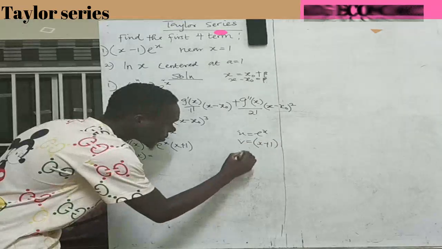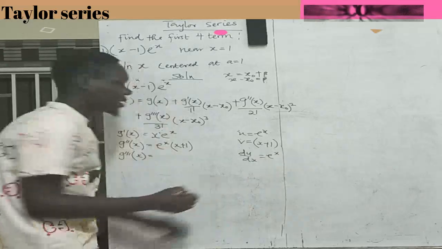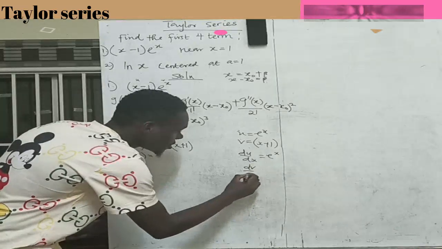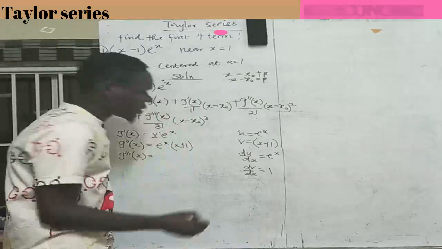So now again the du dx is e raised to the power of x. I believe now we know why it is so. And then the dv dx, differentiating this, we have just 1 as the answer.